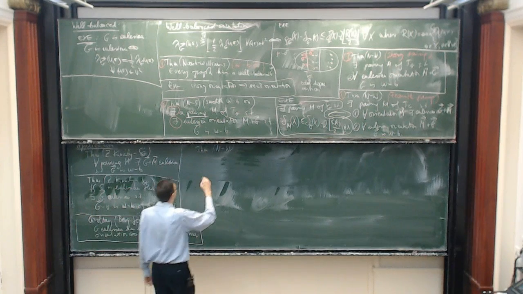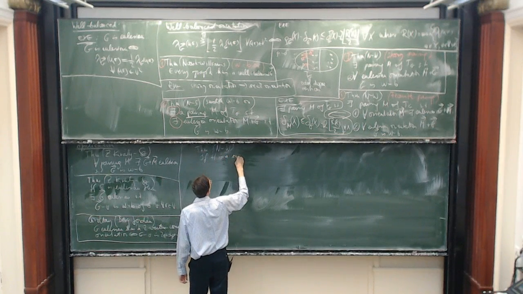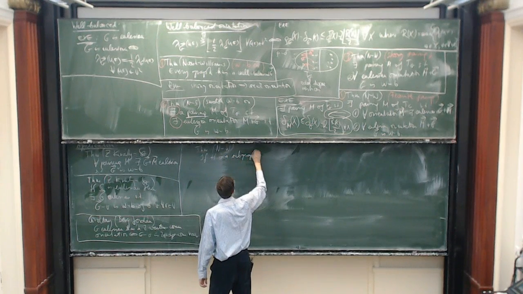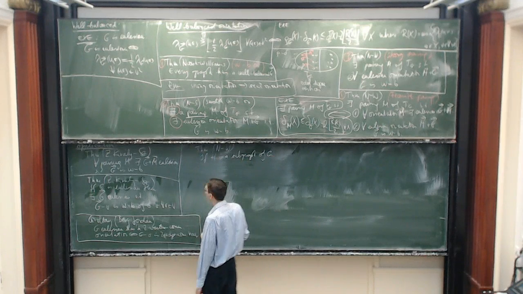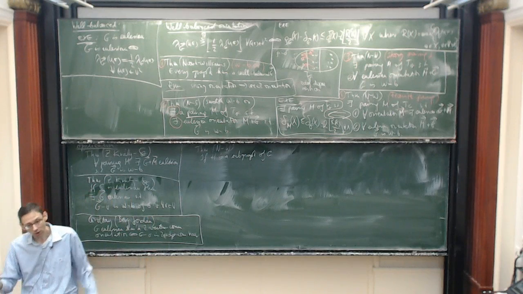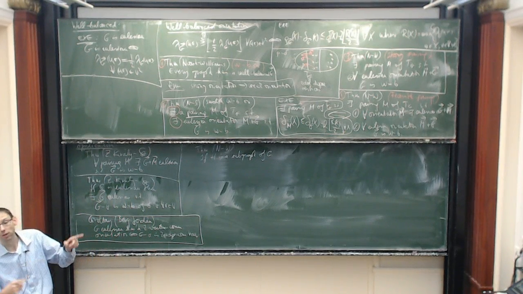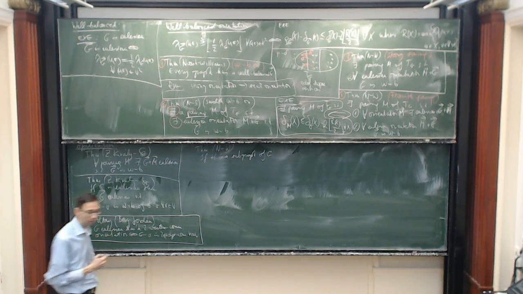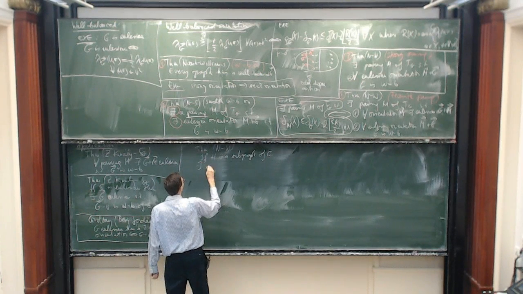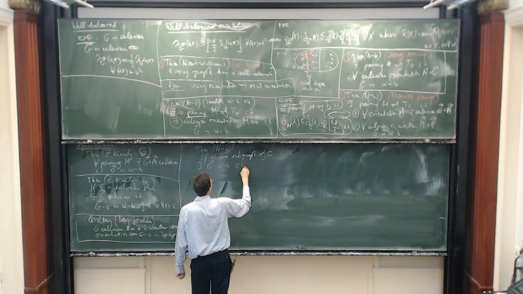If H is a subgraph of G, then there exists a well-balanced orientation of G such that this subgraph in the directed graph will be a well-balanced orientation of that subgraph.